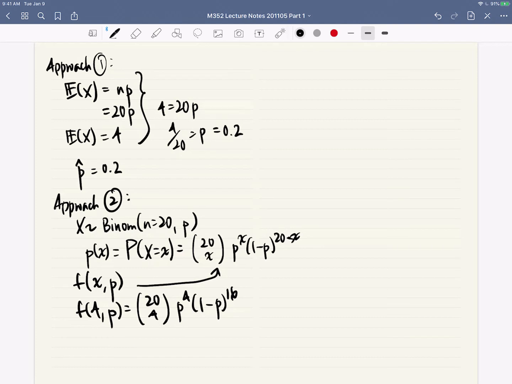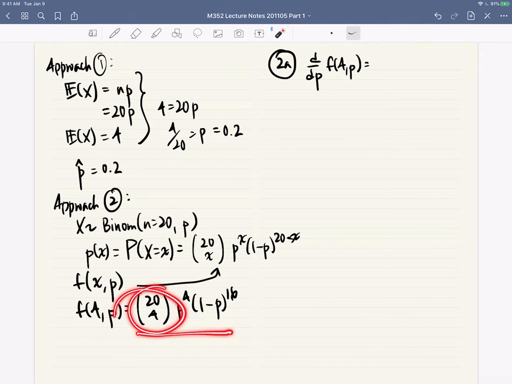So I'm going to call this 2a. And we're going to take the derivative with respect to p of f of 4, p. Looking at this, 20 choose 4 is a constant, so I can pull that out to the front. And then differentiating this, I've got two functions here in p's.